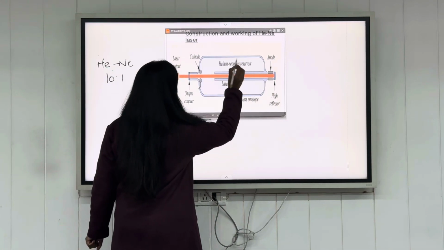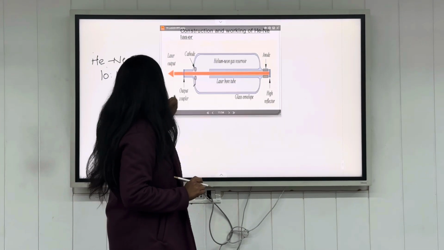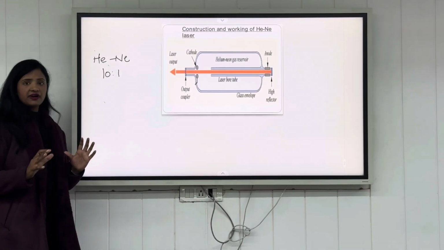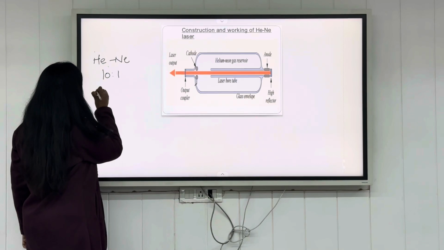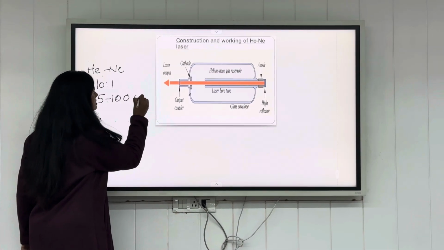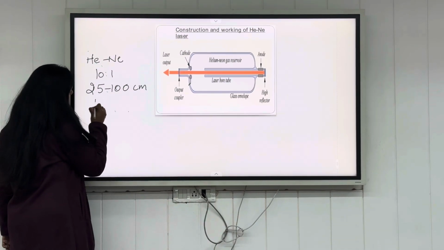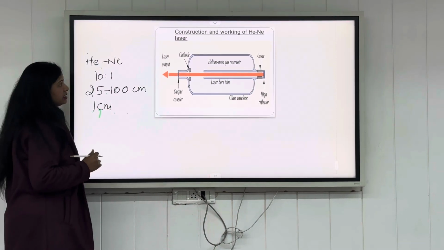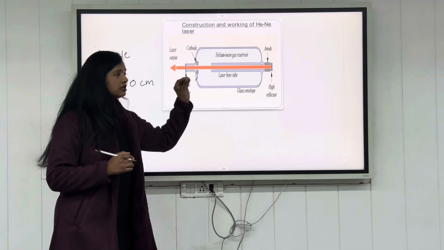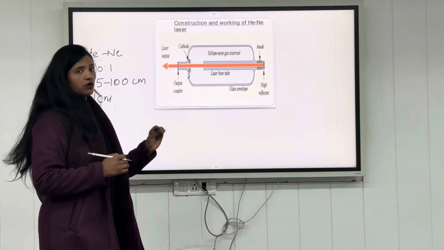So helium neon gas mixture is taken here in this glass tube, and the thickness of this tube will be very fine. The length of the tube may vary from 25 to 100 centimeters, and the thickness of that tube could be 1 centimeter. That way it is very fine to give a resultant red color beam of helium neon laser.